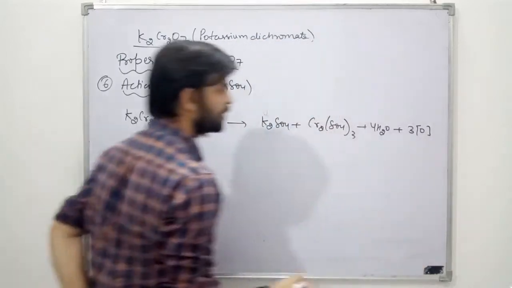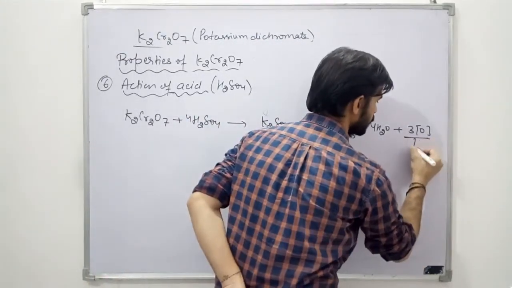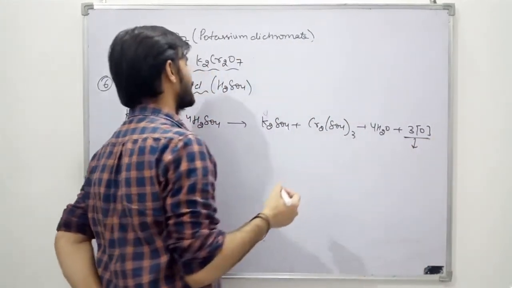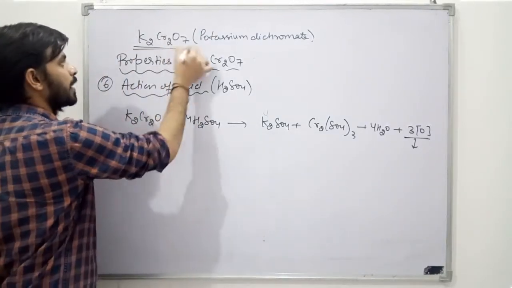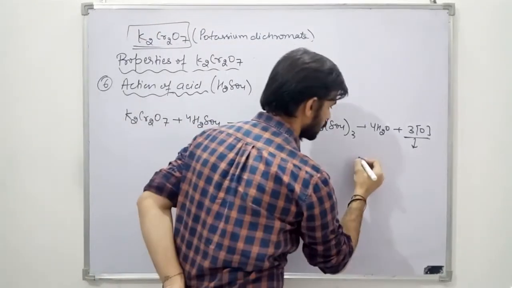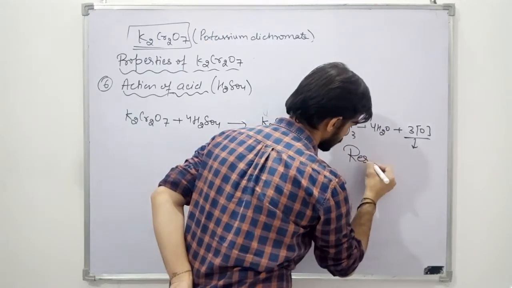also there, and these nascent oxygens are responsible for the oxidizing character of potassium dichromate.